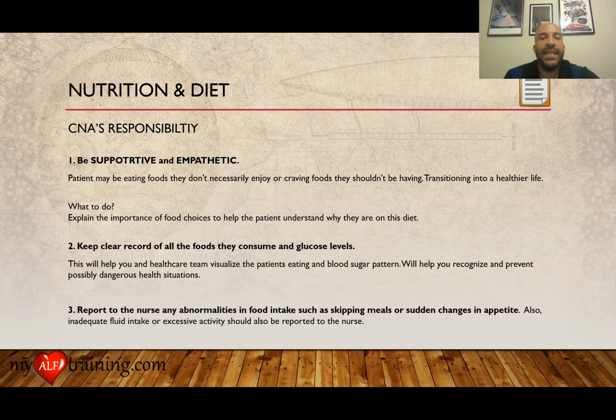So, the CNA's responsibility as far as nutrition and diet would be, number one, being supportive and empathetic. Now, I mentioned on the last slide that the patient may be having difficulty with cravings for foods that they shouldn't be having. Maybe they are trying to buy into the care and education we're providing them.